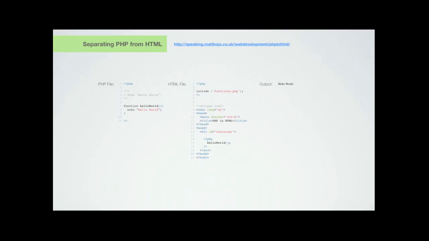Anything in functions.php is now accessible as if it was written in the HTML file. In the container you can see I've got the PHP tags and then hello world. It just displays it as if you've typed it, like a normal echo, in the HTML file. Think of it not so much like classes and object orientation, but literally just taking one file and moving it into the other.